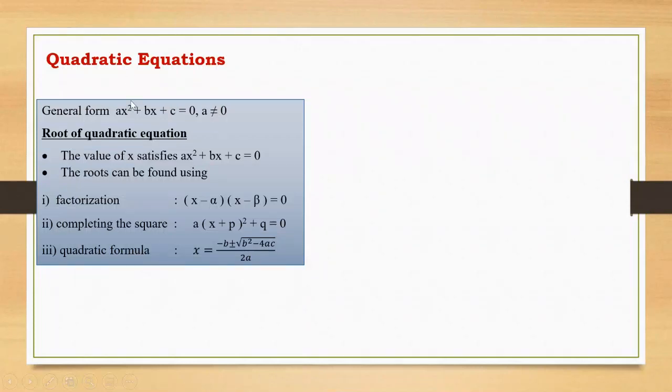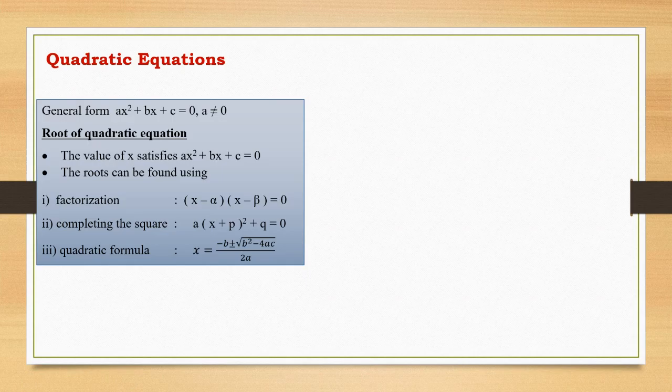For a quadratic equation, the highest degree must be 2, so a cannot be 0. Okay, what is meant by root of a quadratic equation? It is the value of x that satisfies the quadratic equation, ax squared plus bx plus c equals 0.